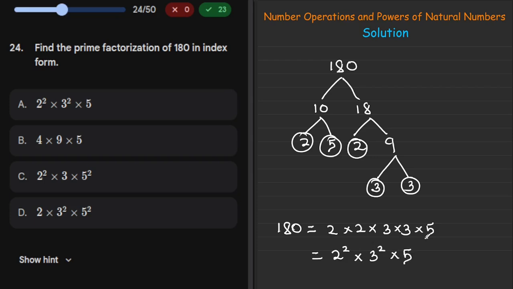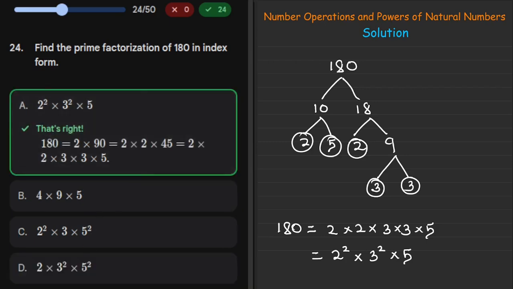You see, these prime numbers you see here were just those that we circled right here. Okay, so this is 180 written in index notation, and that is A. Now let's proceed.